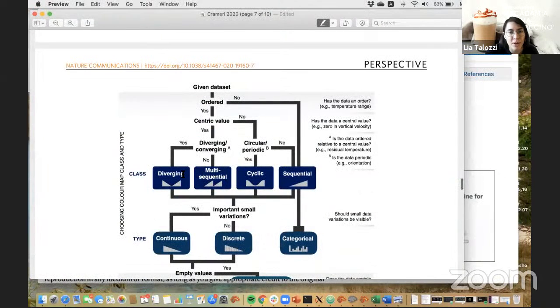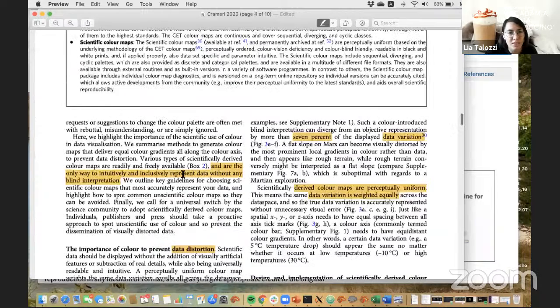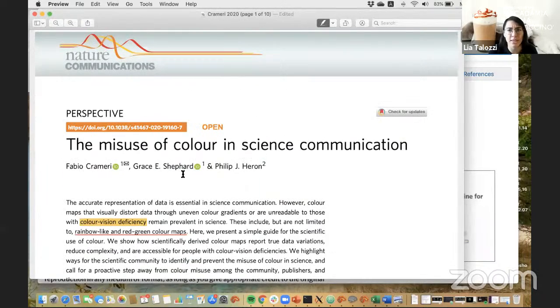This is the paper published in Nature Communications, I think on the 27th of October, so last week. It's titled The Measure of Color in Science Communication.